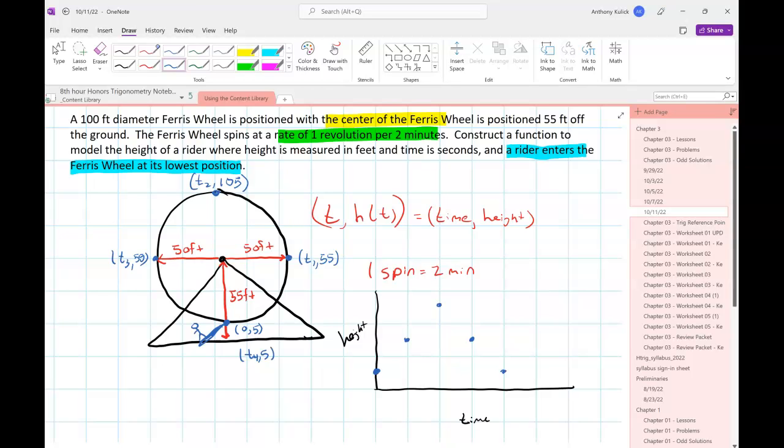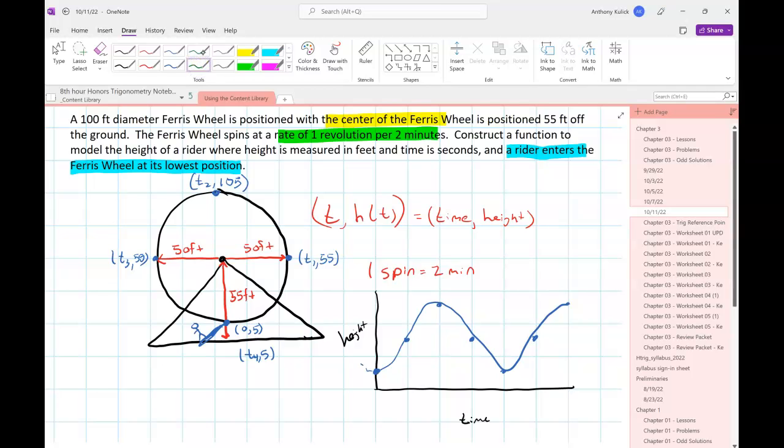If we go around another time, maybe that's T5, we're back at 55. And then T6 up at 105, and you can kind of see what's going on now, right? Everybody kind of see the sinusoid now? Yeah, I think so. All right.